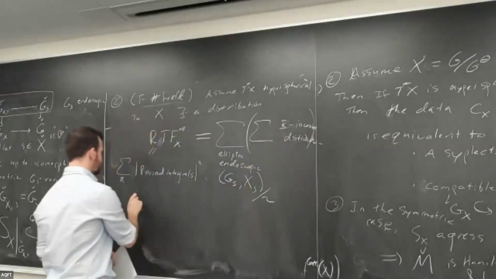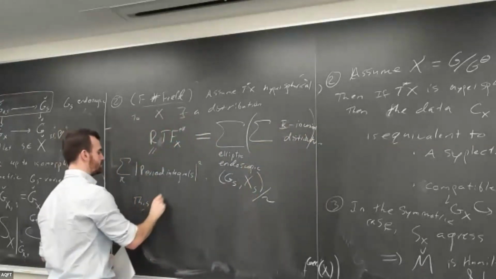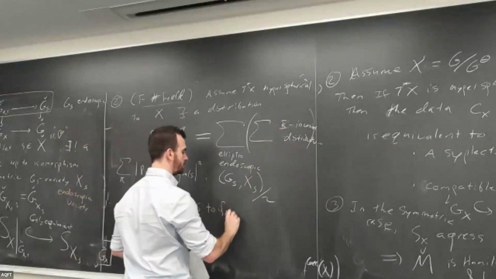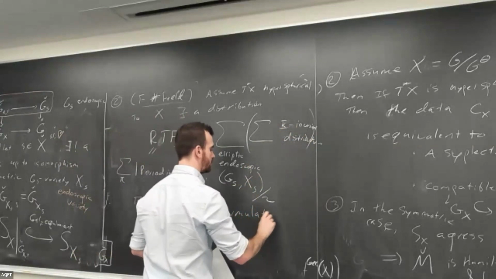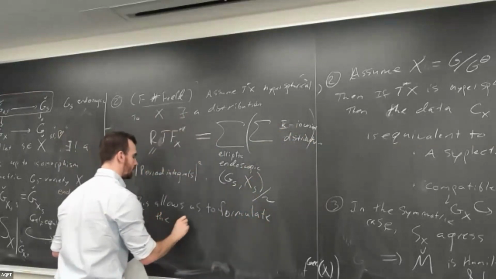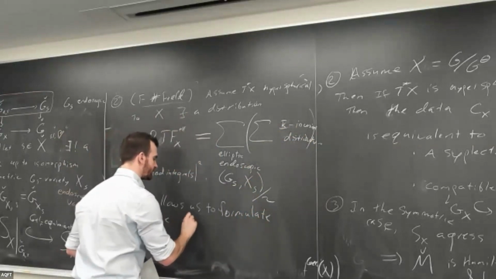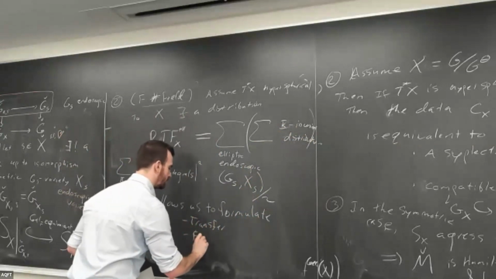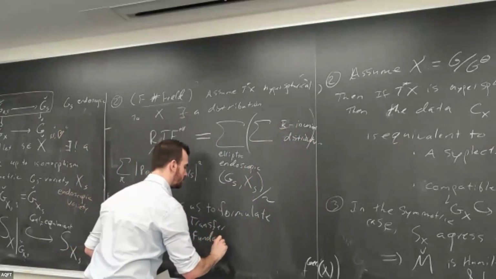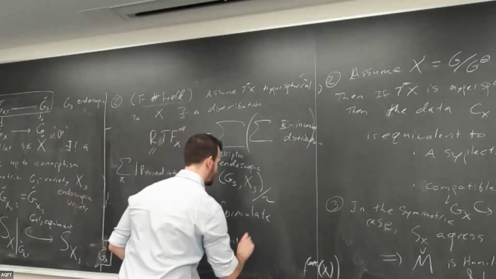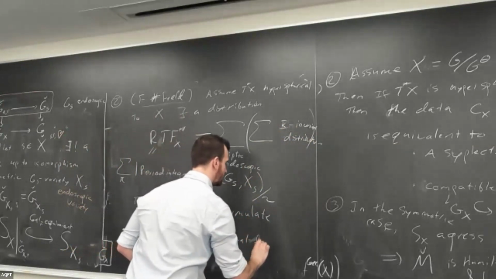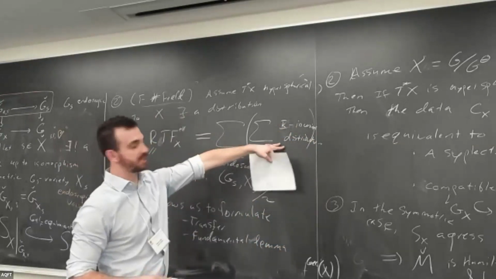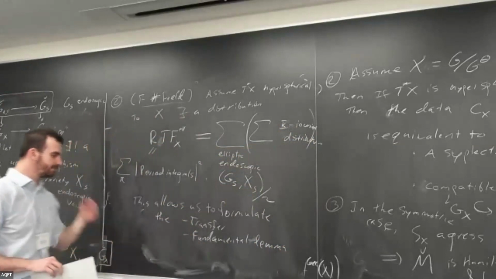And so this allows us to formulate the local transfer and fundamental lemma needed to express this as a stable distribution on these smaller varieties.